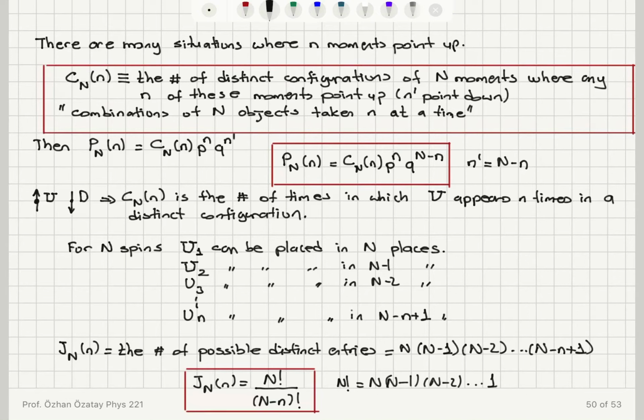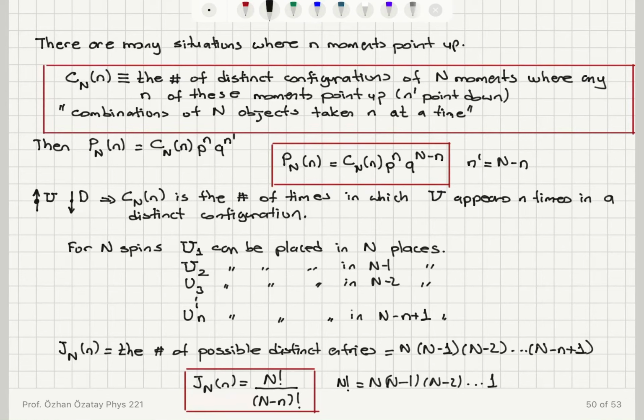So I have to consider the number of distinct configurations of capital N moments, where any lowercase n of these moments point up and n prime point down. In mathematics, that is called combinations of capital N objects taken lowercase n at a time. So my answer will be the combinations multiplied by P to the n, Q to the N minus n. So I consider all the distinct configurations where I have this situation.